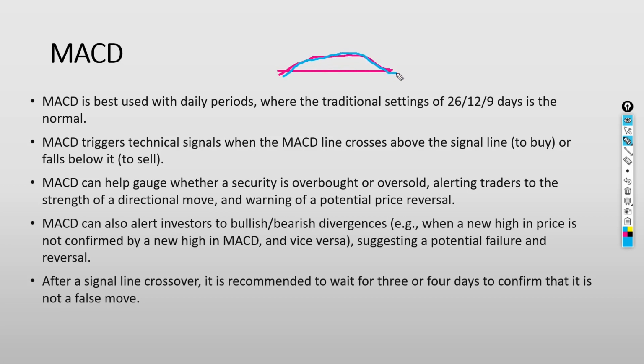If you have a chart like this, when you see a high on the chart, it is normally confirmed with a high on the MACD. But in some instances, you will find that a new high on the chart right here is not confirmed by a new high on the MACD. That is what we call a bearish divergence. You see a new high, yet the MACD is forming a new low, with these moving averages sloping downwards, but the price is moving up.